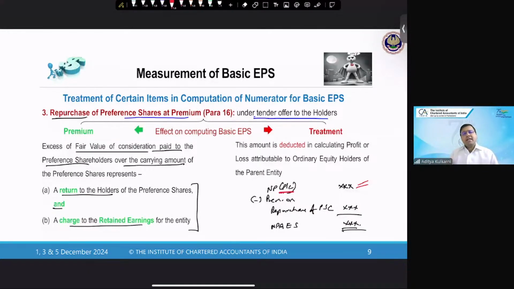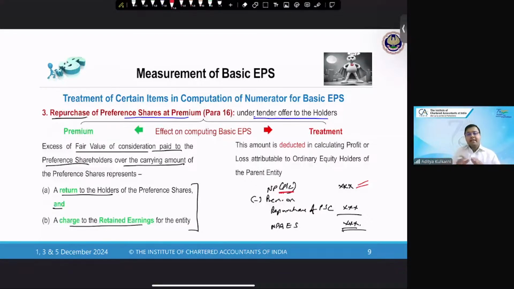You people have studied redemption of preference shares, right? In redemption of preference shares, the premium normally goes either to your securities premium or to your retained earnings balances. So where does it hit?